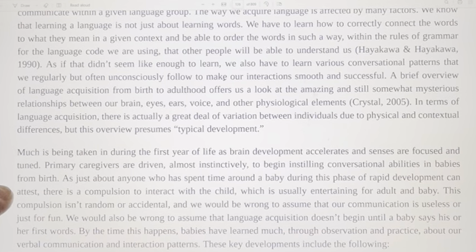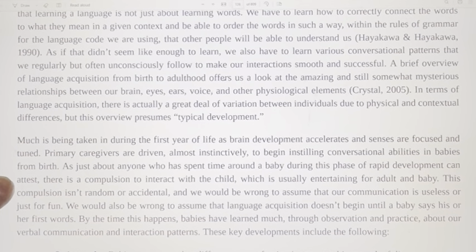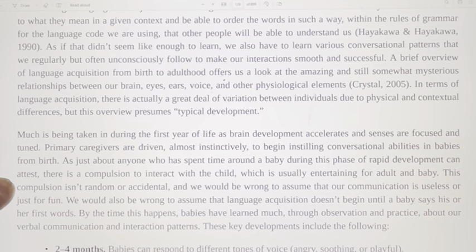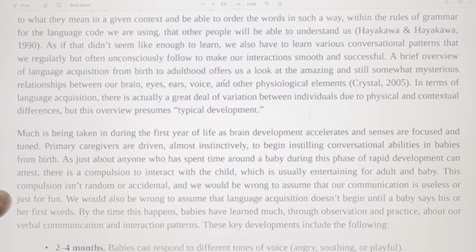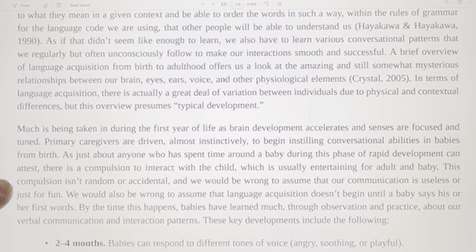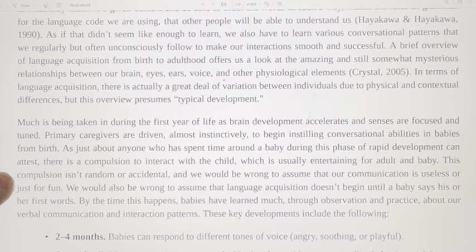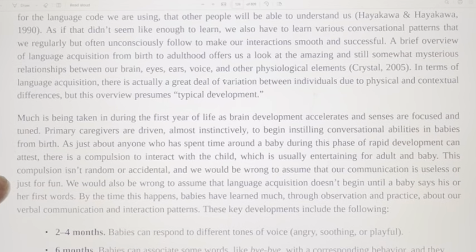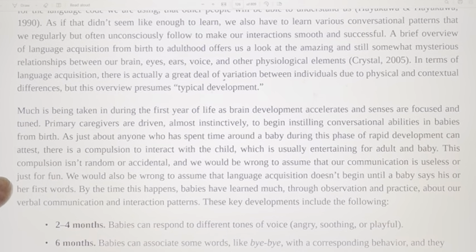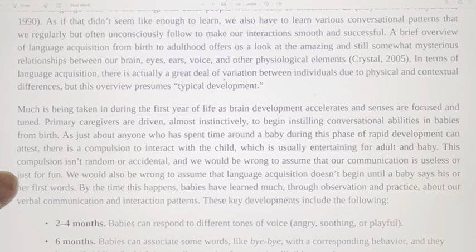We have to learn how to correctly connect the words to what they mean in a given context and be able to order the words in such a way within the rules of grammar for the language code we are using, that other people will be able to understand us. As if that didn't seem like enough to learn, we also have to learn various conversational patterns that we regularly but often unconsciously follow to make our interactions smooth and successful.